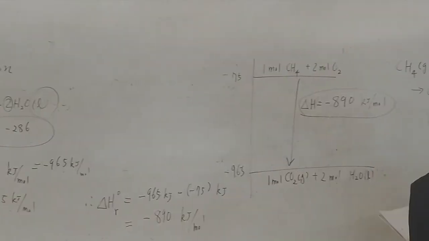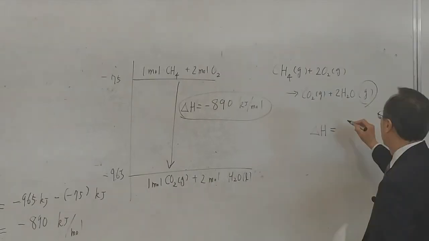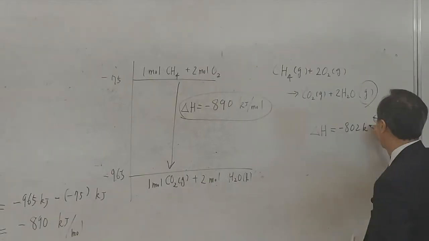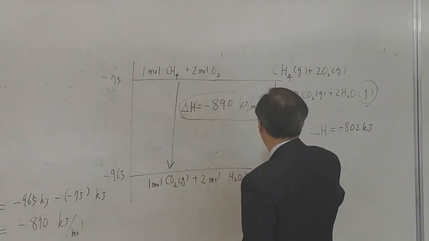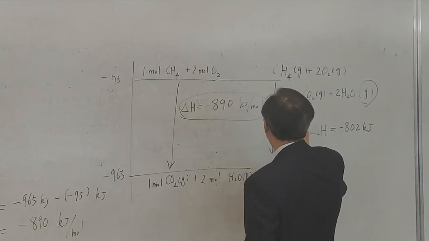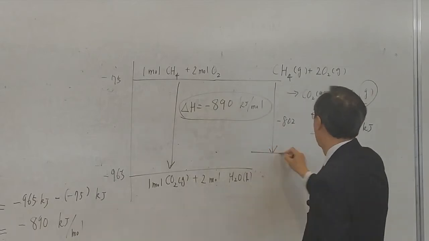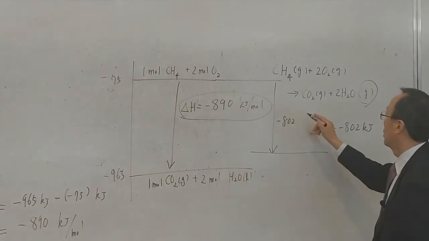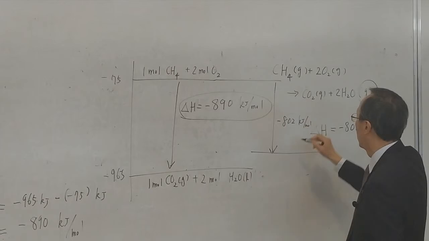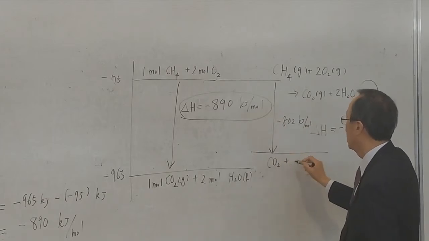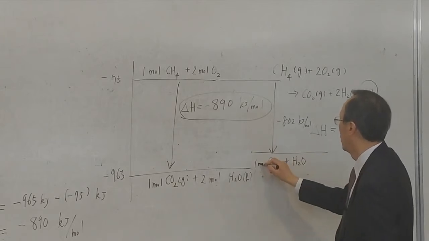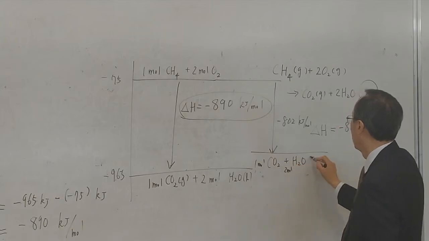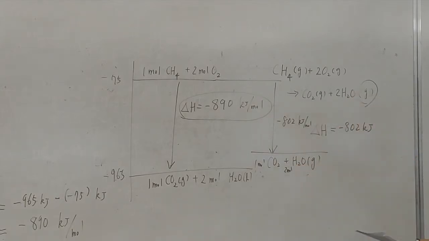So this time, delta H equals minus 802 kilojoule, so minus 802 kilojoule of heat is released. In this case, CO2 plus 2 H2O are gas state, so less heat is evolved.